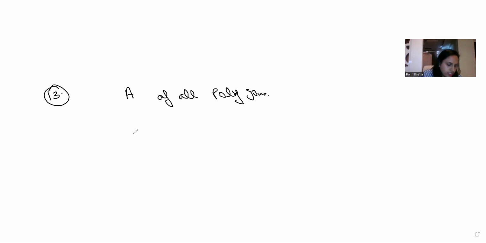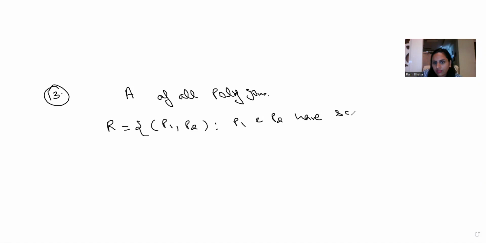These are all polygons. So R is defined as P1, comma P2 such that P1 and P2 have same number of sides. We need to prove that this is an equivalence relation.